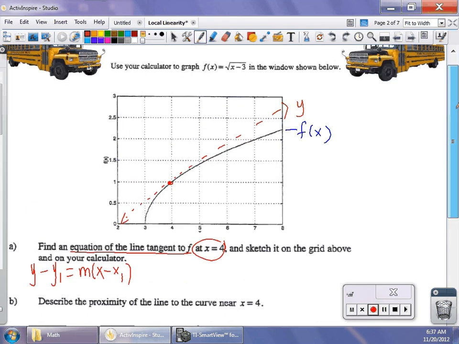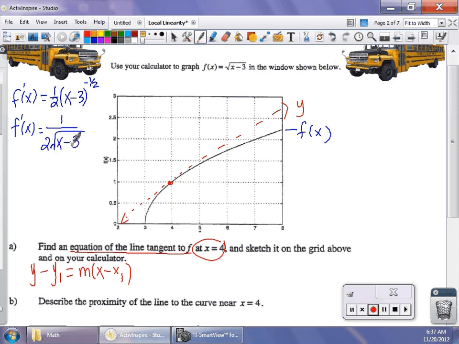So f prime of x, the first derivative, would be 1/2 of x minus 3 to the negative 1/2 power. The derivative of the inside is 1, so I don't have to worry about that. So the first derivative, if I clean it up, would be 1 over 2 times the square root of x minus 3.